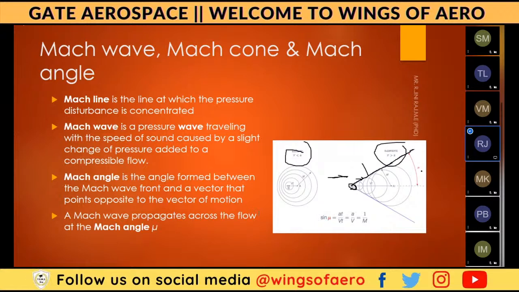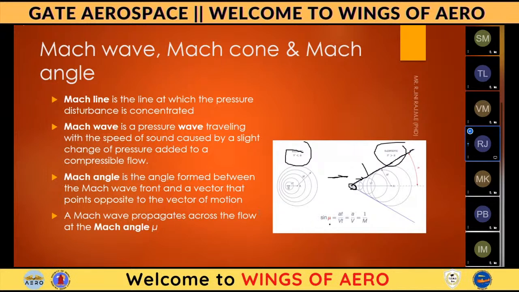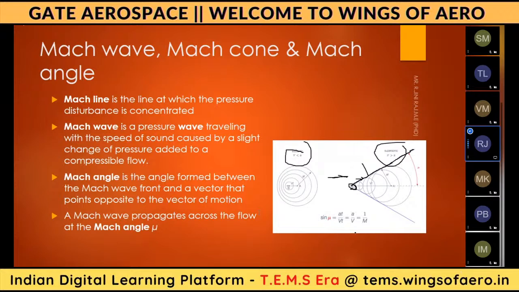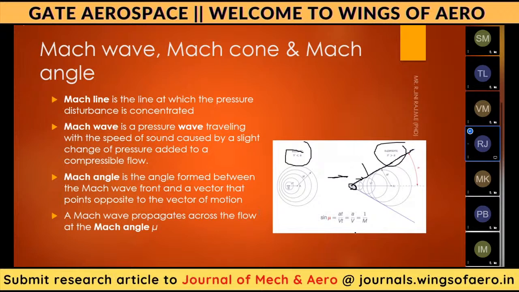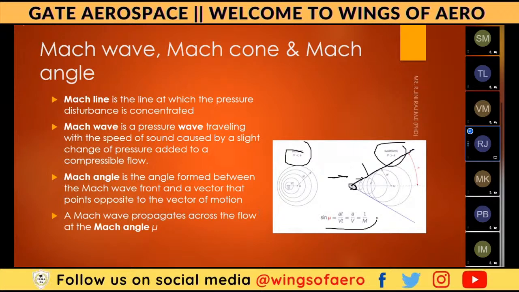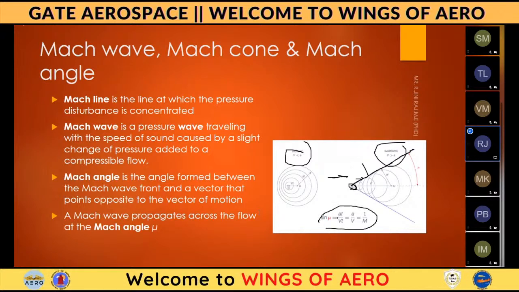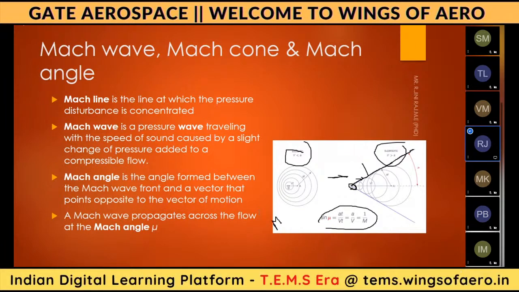So for this Mach angle, sin mu equals, so here you can see the angle between the Mach line and the flow direction is mu. Therefore we know this direction is Vt and the opposite side is at. Therefore sin mu equals at divided by Vt. t gets cancelled. So therefore sin mu equals a by V. We know that M equals V by a.